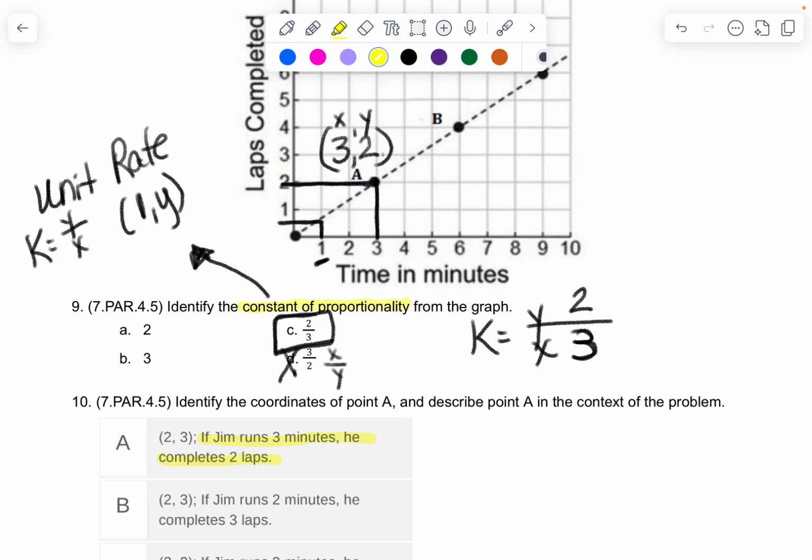And that 100% lines up with what the graph says. If he runs 3 minutes, he completes 2 laps, okay? But look at the ordered pair. The ordered pair we're looking for is 3, 2. And that ordered pair doesn't match.